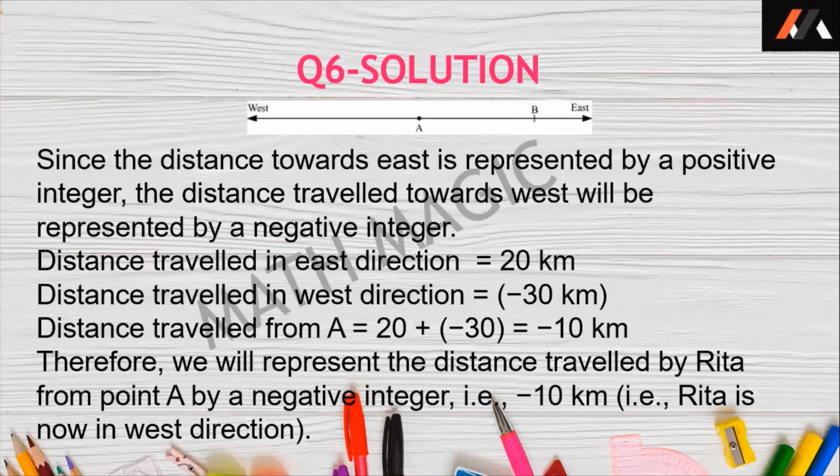That means she will be somewhere over here towards the west. That's why it is represented as minus. Therefore, we will represent the distance traveled by Rita from point A by a negative integer, that is minus 10 kilometer. Rita is now in the west direction. Let's move to the next question.